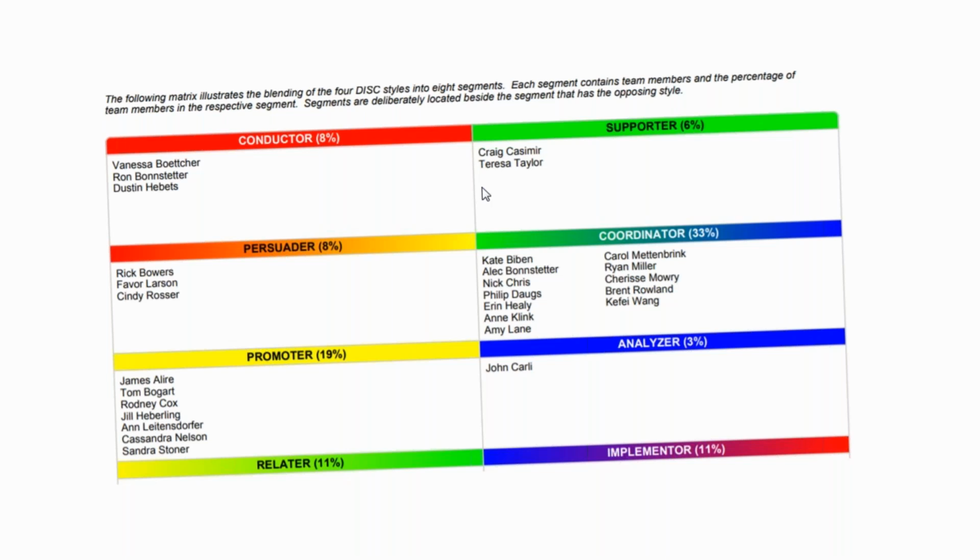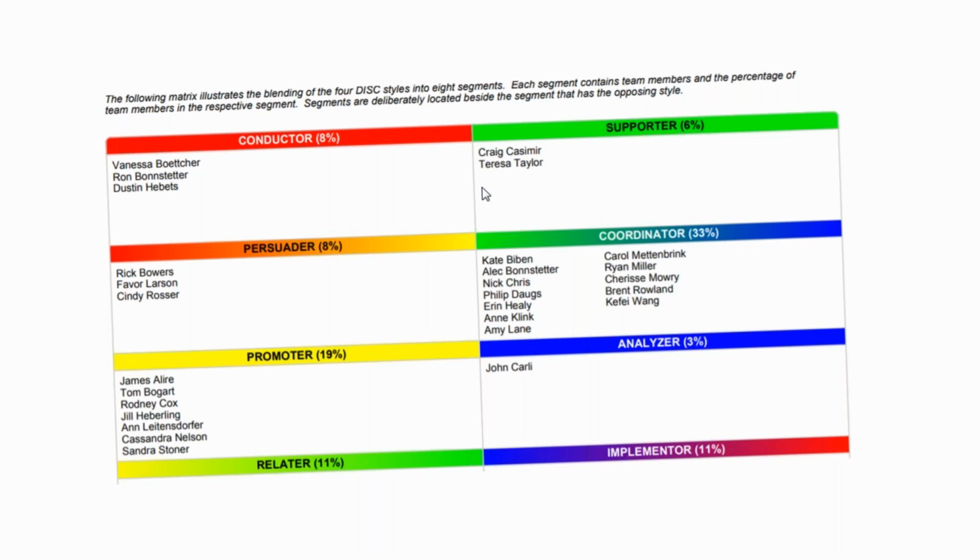And then you have 3 people up here who are going to be the ones making decisions and giving orders and telling everybody else what to do. That's sort of imbalanced, in my particular opinion. And then 19% of the organization is going to be having a lot of fun, having parties. So there are some balances in this group.